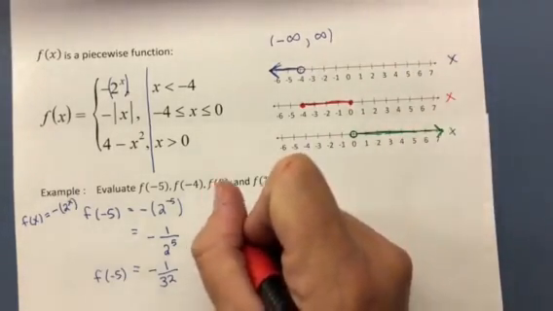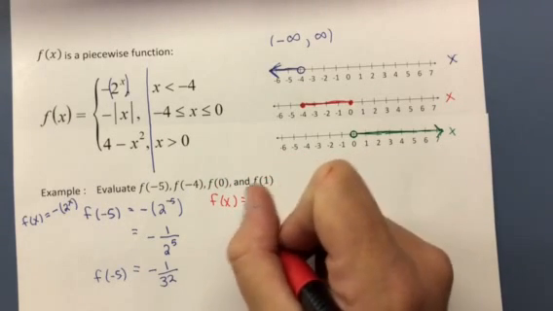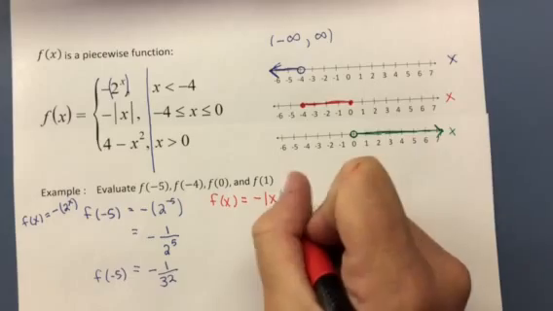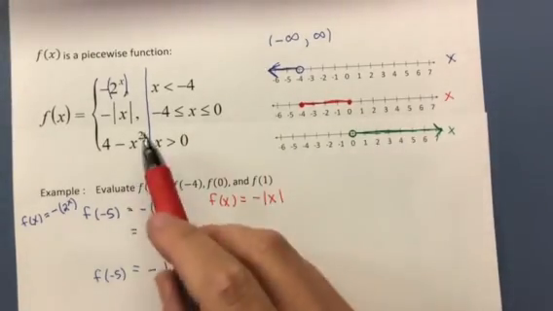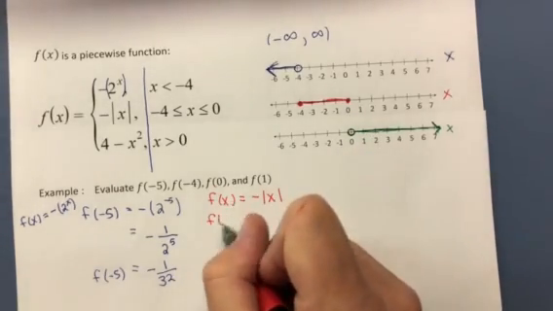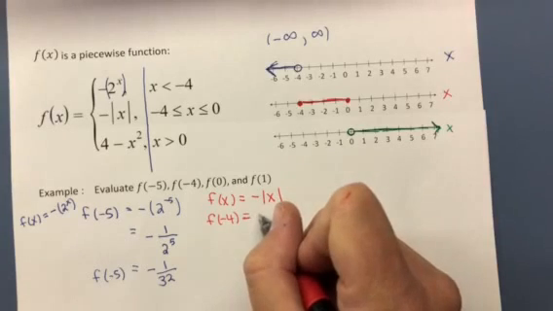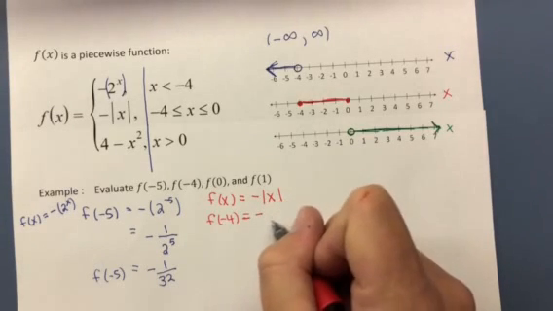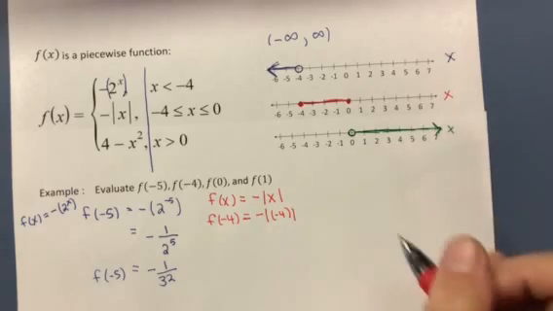So I'm going to use f of x equals negative 1 times the absolute value of x. So I'm going to substitute a negative 4 for x. So f of negative 4 equals negative 1 times the absolute value of negative 4.